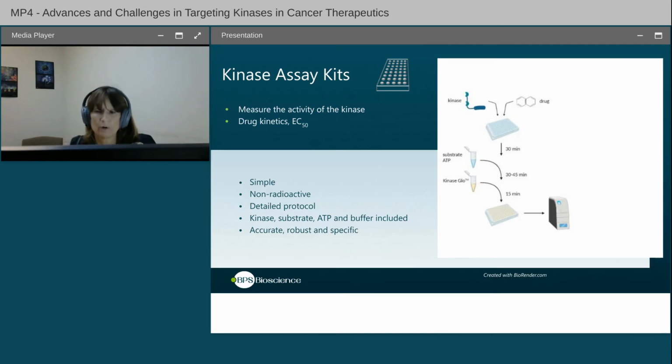Kinase assay kits allow the measure of the activity of the kinase, drug kinetics, and EC50s. They're very simple assays, really. You add the kinase and your drug, pre-incubate them, add the substrate and ATP, and then add the Kinase-Glo and measure the signals. These assay kits are non-radioactive.